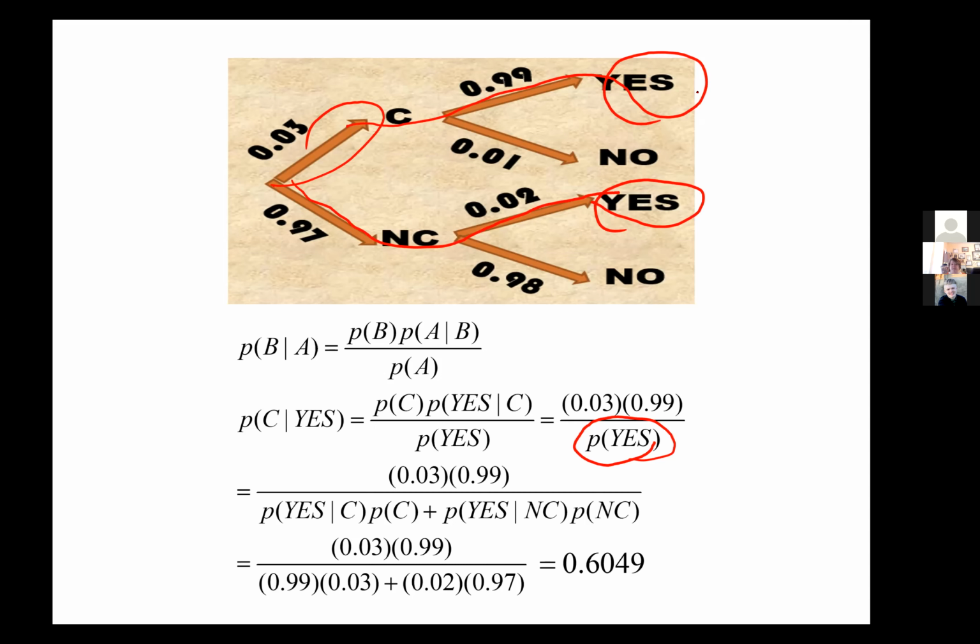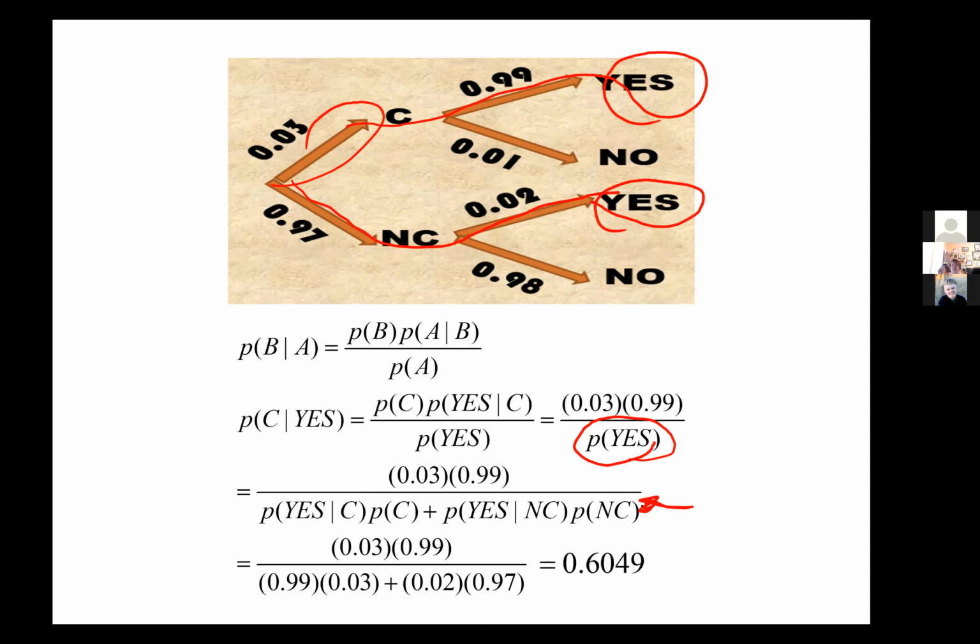So that's going to be 0.99 times 0.03, which is that first branch, plus 0.97 times 0.02, which is that next branch. So the probability of me getting a yes are those two probabilities of me getting a yes on that first branch and a yes on that third branch. So the probability of getting a yes is down here.